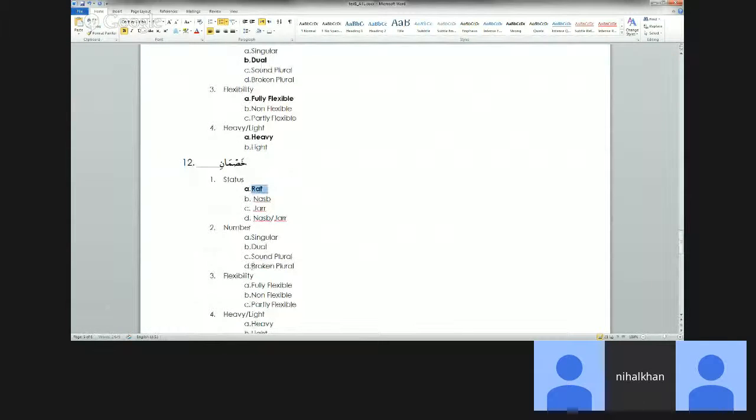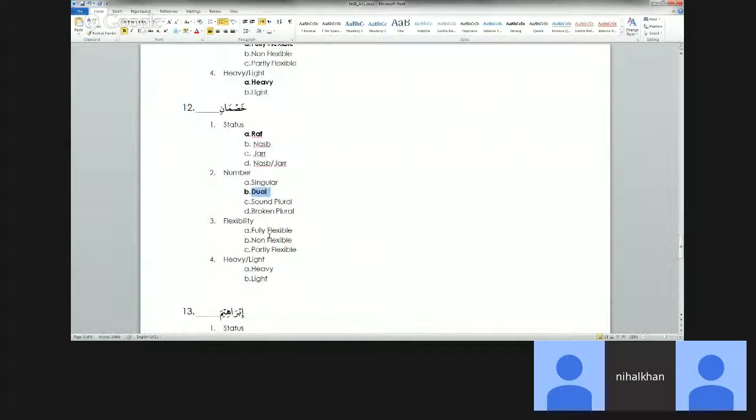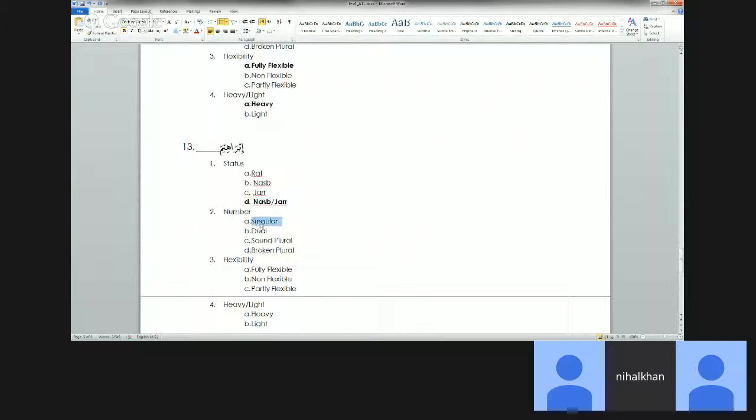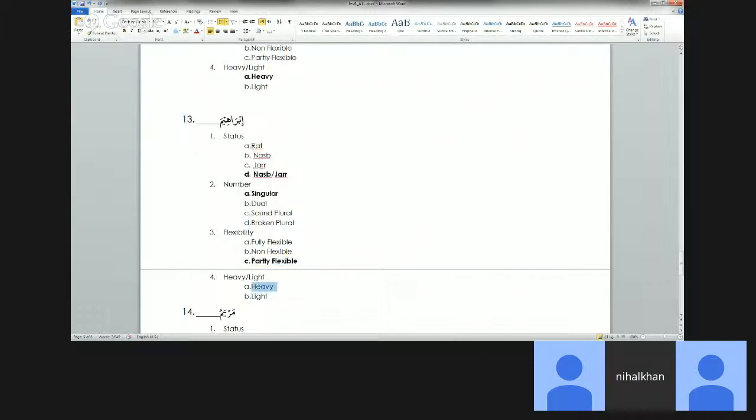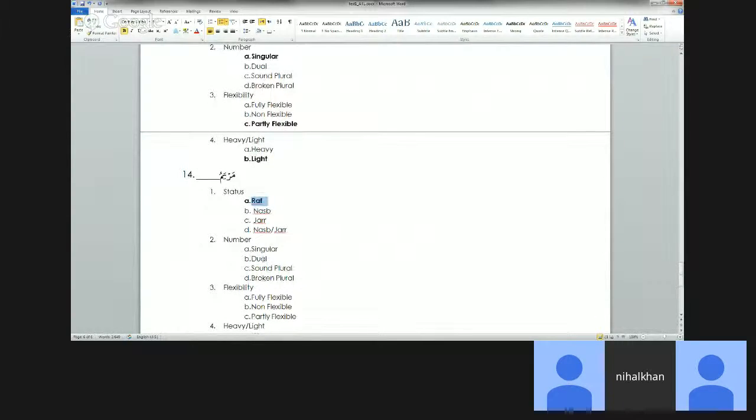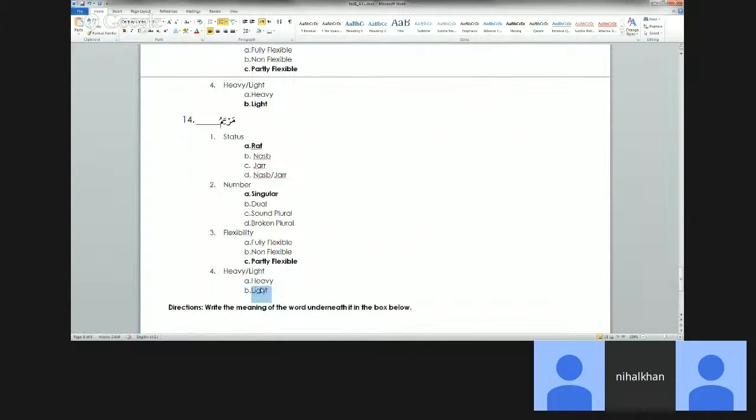Osmani, rafa, dual, fully flexible, heavy. Ibrahima, nasab or jar, singular, partly flexible, and then it's going to be light. Maryamu, rafa, singular, partly flexible, light.